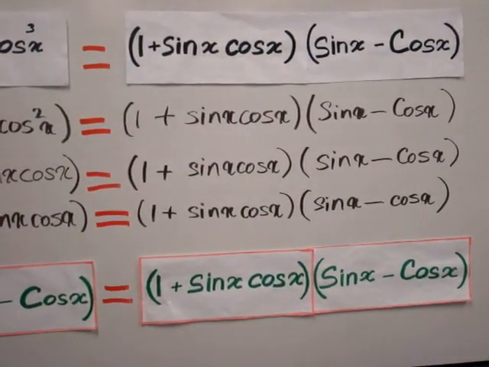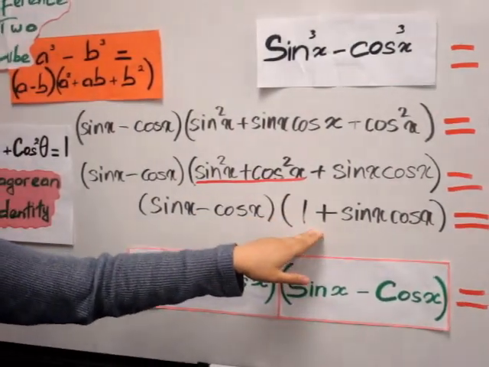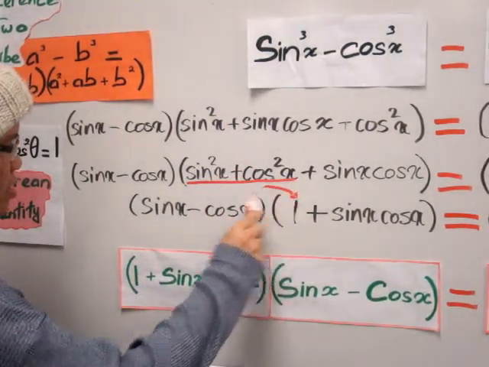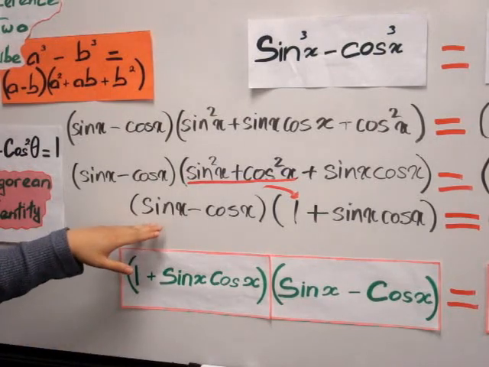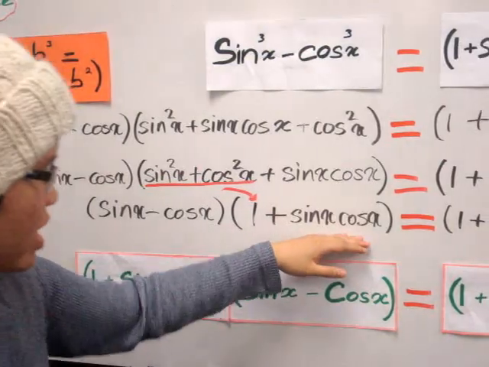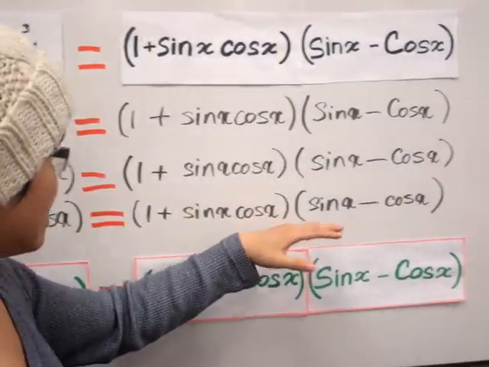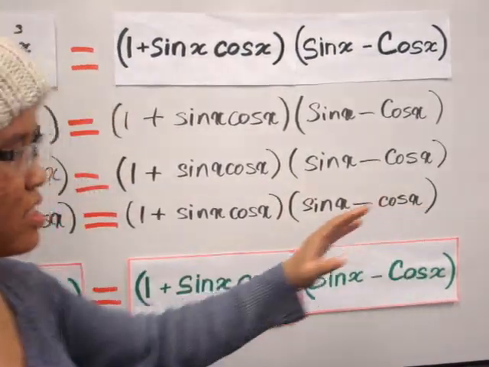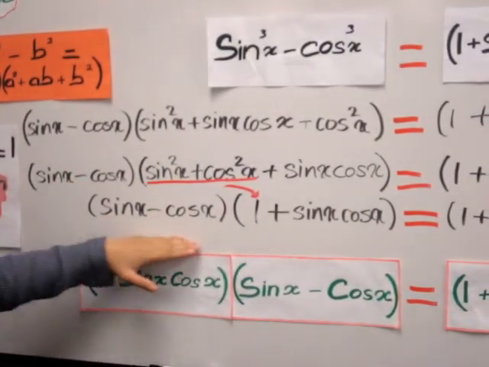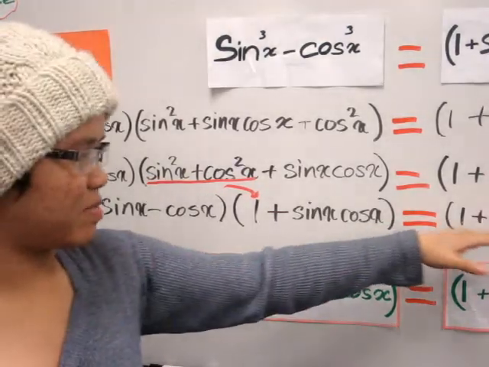And now we have this one, which we know equals 1, and we write the 1 right here. Now we have sine x minus cosine x times 1 plus sine x cosine x equals 1 plus sine x cosine x times sine x minus cosine x. We can see that the right side is almost the same as the left side.